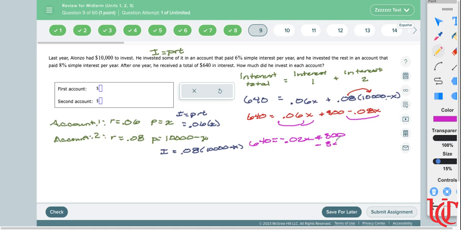Then 640 minus 800 gives us negative 160 equals negative 0.02x, and that is negative 160 divided by negative 0.02. All right, that cancels out, and we have x.